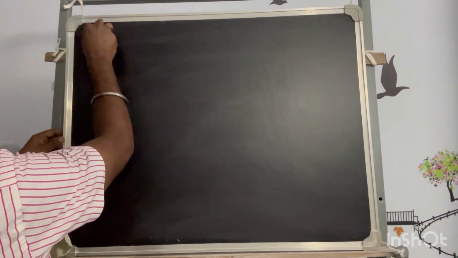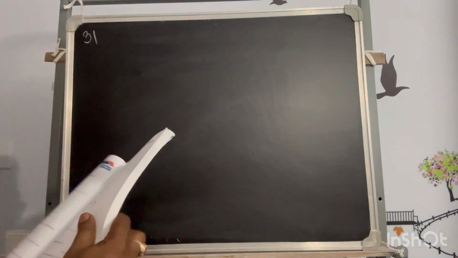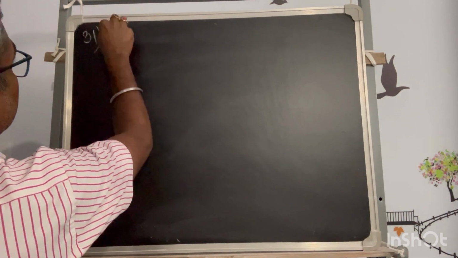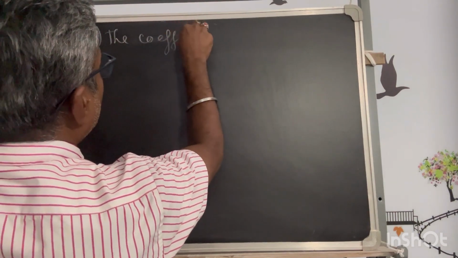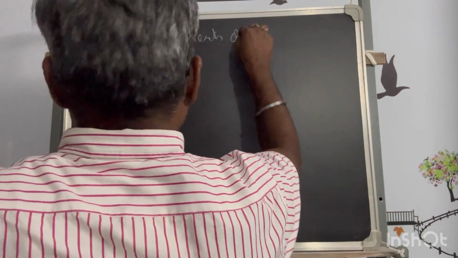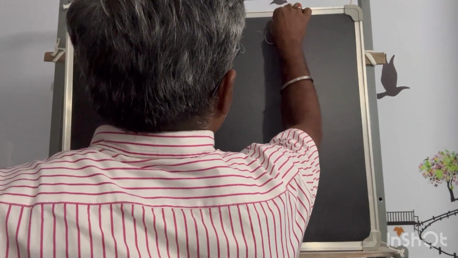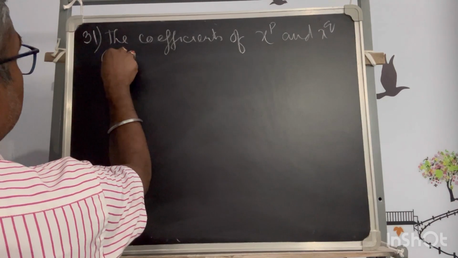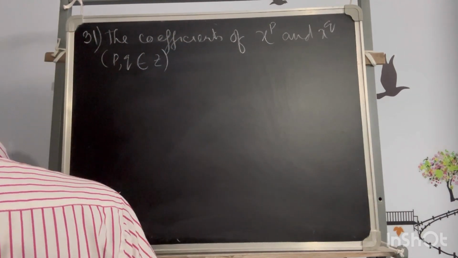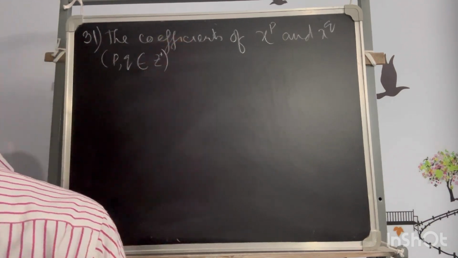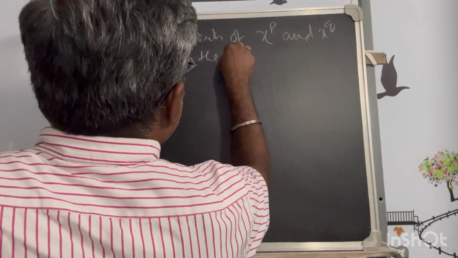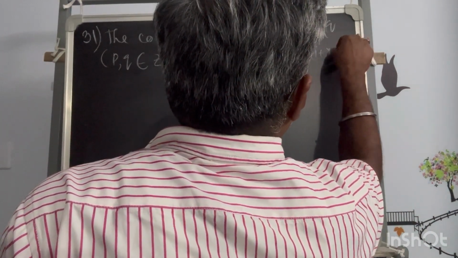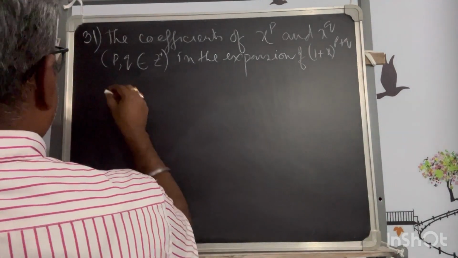The next is 31. The coefficients of x to the power p and x to the power q, where it has been said that p and q belong to positive integers, basically in the expansion of (1 plus x) whole to the power p plus q, are what?